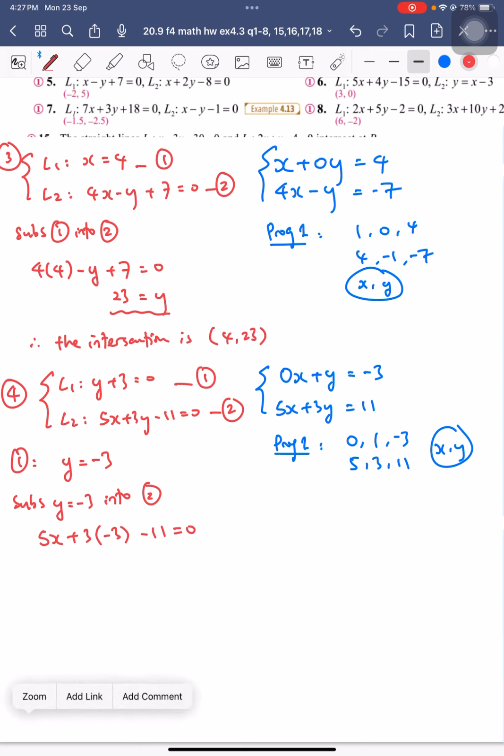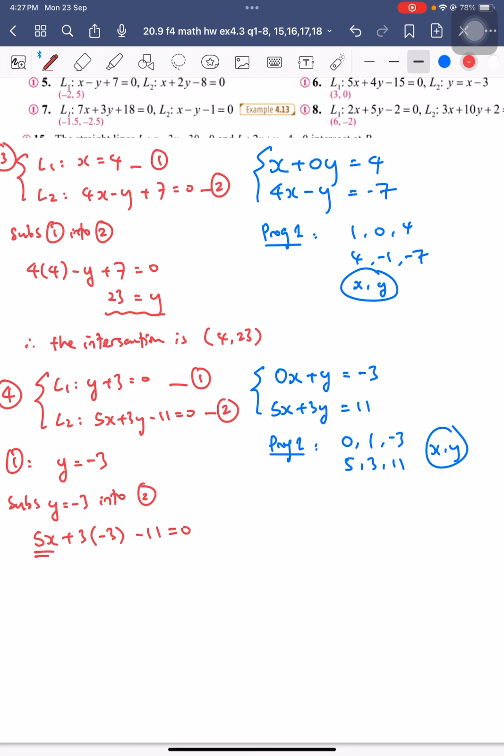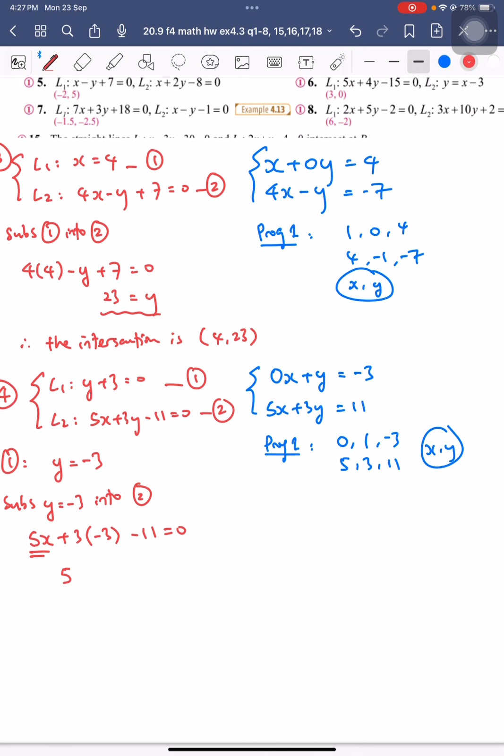Then I solve this equation for x. Negative 9 minus 11 gives you negative 20. So we have 5x minus 20 equal to 0. I move the negative 20 to the right hand side, and it becomes positive. So I have 5x equal to 20, so x is equal to 20 divided by 5, giving you 4. So the intersection is x equal to 4, y equal to negative 3.